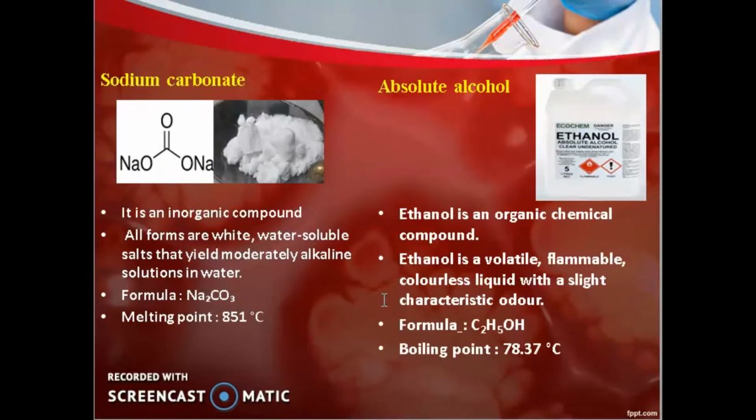Sodium carbonate is an inorganic compound. All its forms are white. Sodium carbonate is a water soluble salt that yields a moderately alkaline solution in water. The molecular formula of sodium carbonate is Na2CO3. Melting point of sodium carbonate is 851 degrees Celsius.